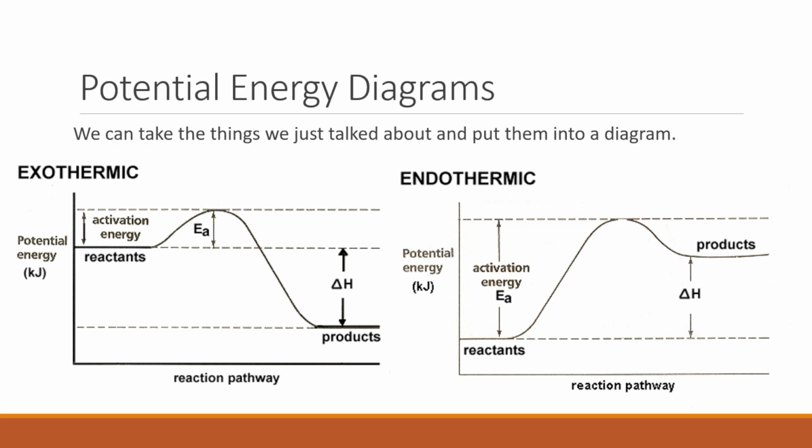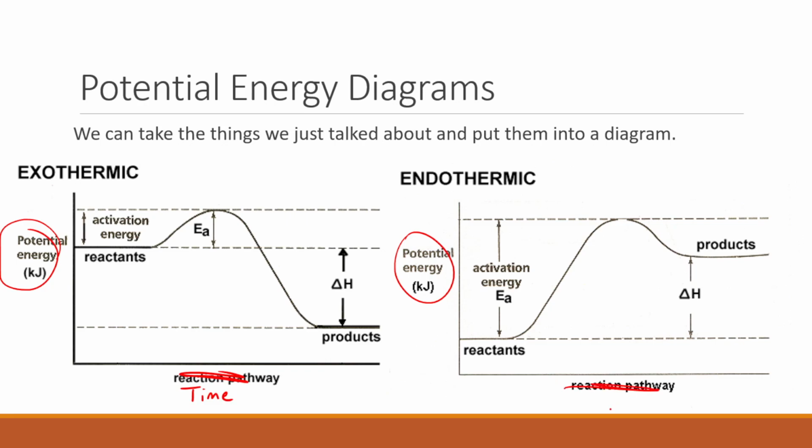There are only ever 2 shapes for a potential energy diagram. It either looks like the endothermic one over here on the right, or it looks like the exothermic one over here on the left. And what we're tracking, like I said, is potential energy. And we are tracking it over the reaction pathway, which is just time.